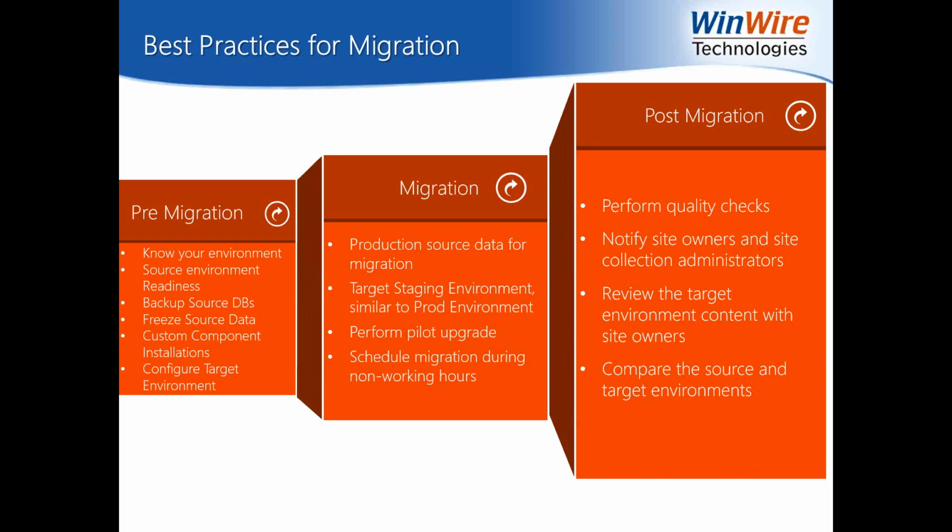Now, there are also third-party tools that can validate that it's a like-for-like migration, so no content has changed between point A and point B. And those tools are available for government regulatory purposes as well as for validated systems which require that level of tracking.